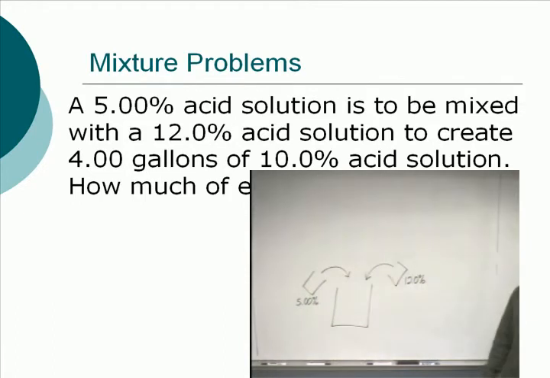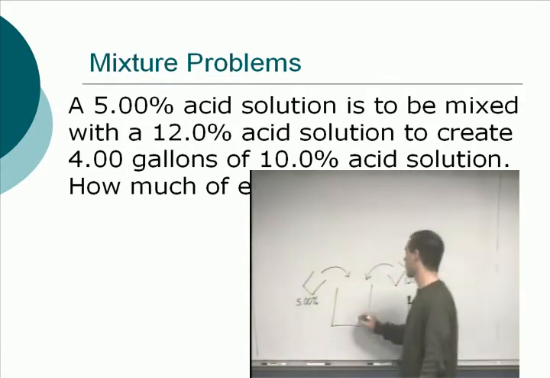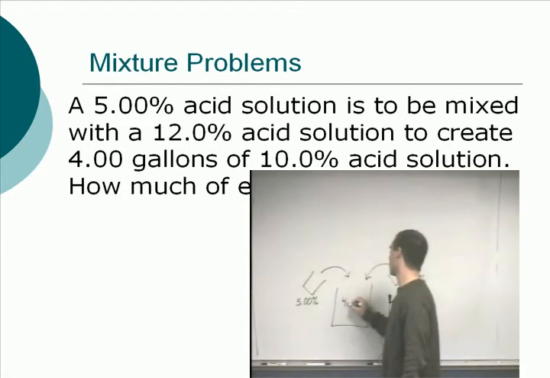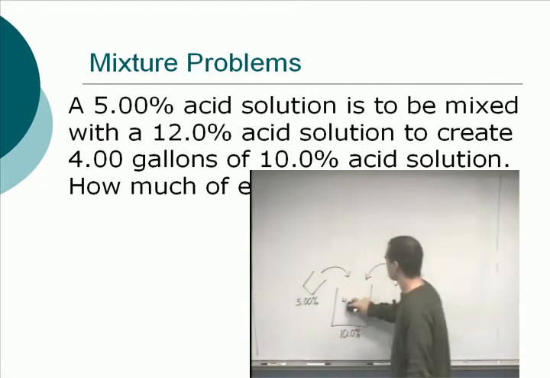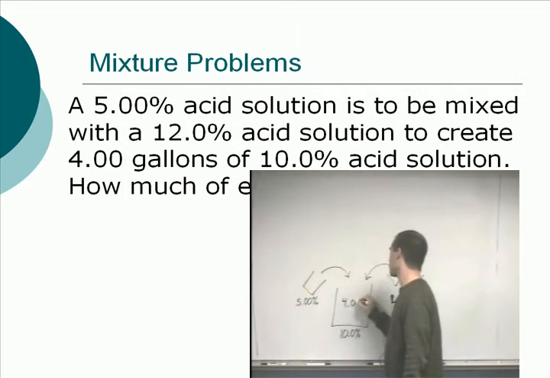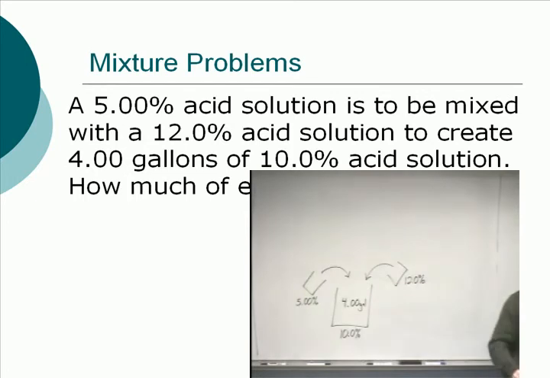We want to dump those two together so that we end up with 4 gallons of 10% solution. That's the goal. Here's a case where being able to sketch out what you're doing might make it easier to think about what your equations are going to have to be.